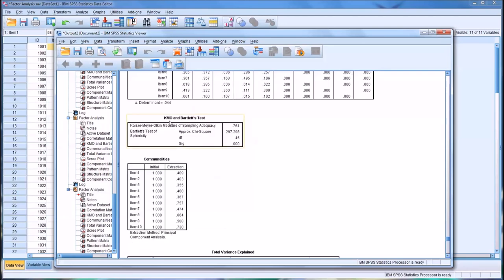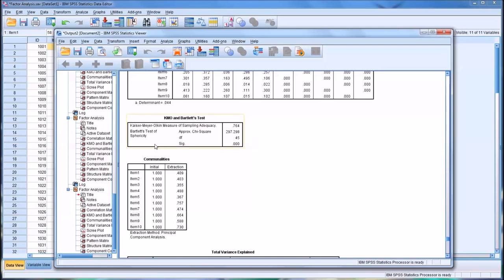Looking at KMO and Bartlett's test, we have a value here for KMO of 0.764. Anything above 0.5 is okay. Obviously, the greater the value here, the better.